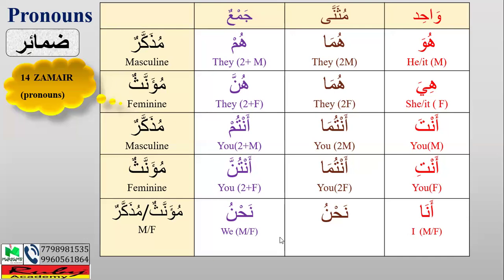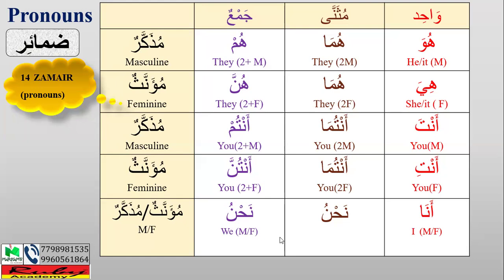Again, you use your left hand and right hand. One finger, huwa; two fingers, huma; more than two fingers, hum. Again, you take right for the feminine: hiya, one finger; huma, two fingers; hunna, more than two fingers.